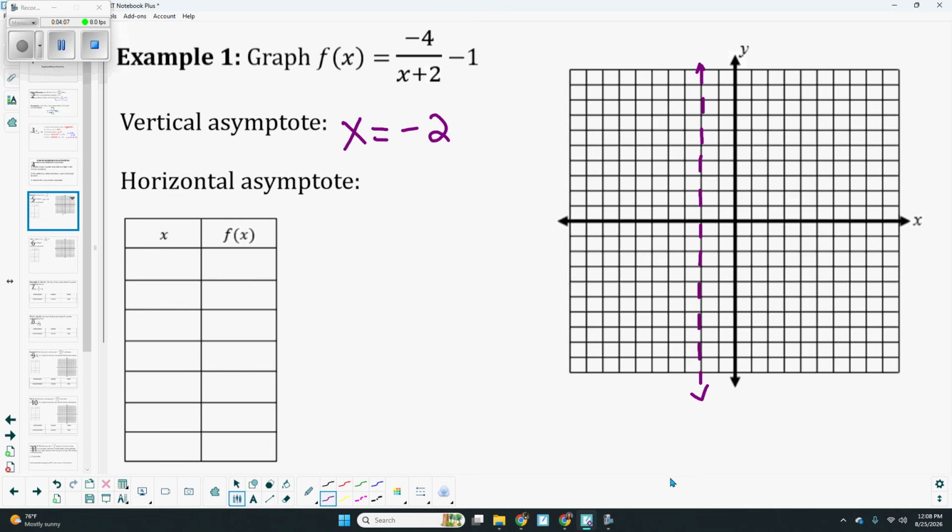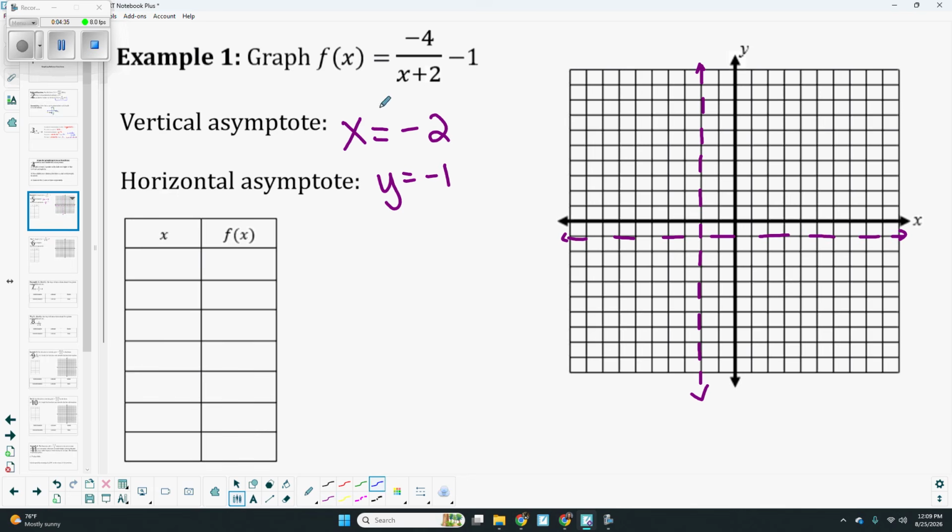And I recommend drawing them as dashed lines. It just gets very confusing with the axes if you try to draw these solid, because then it gets confused with the actual axes. So if you're drawing it dashed, it stands out a little more as that's not the axis. The horizontal asymptote, we see we have a minus 1 afterwards, so we could say y equals negative 1. So negative 1 horizontally on my graph would have been here.